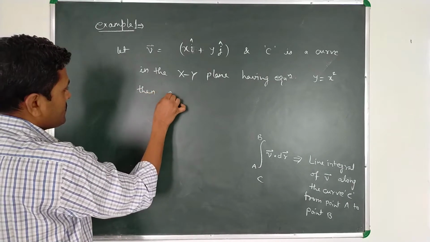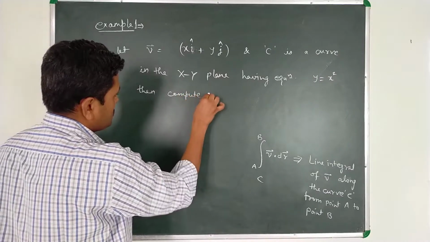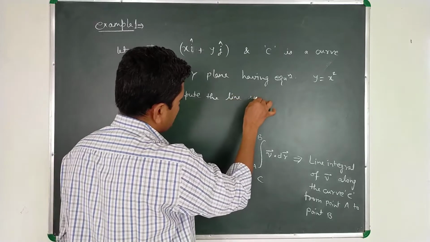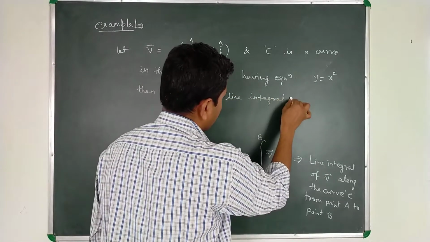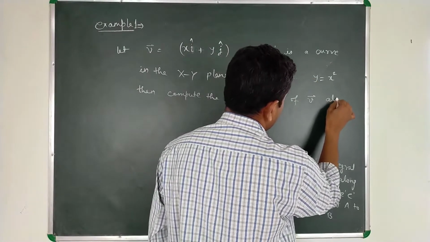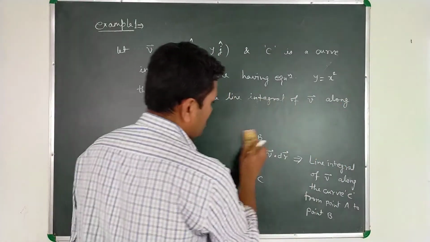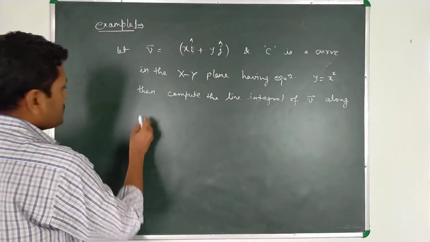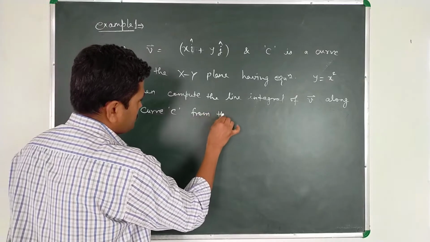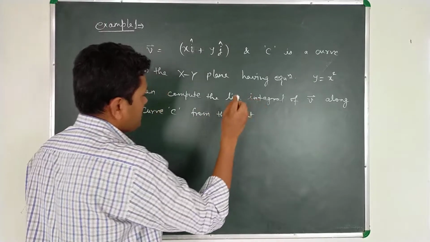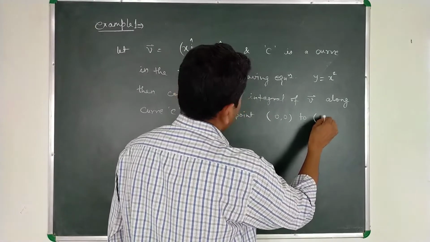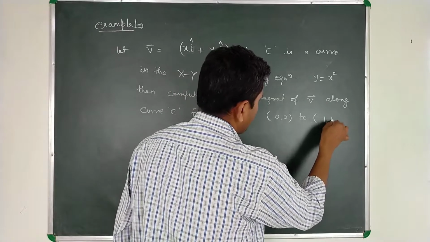Then compute the line integral of vector v along curve C from the point 0 0 to 1 1.